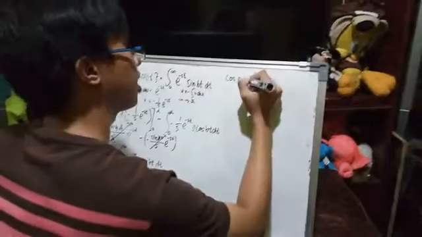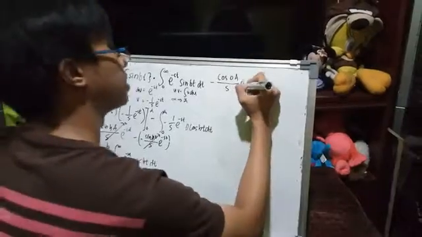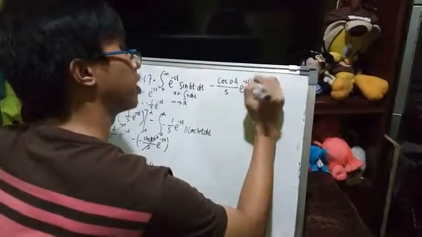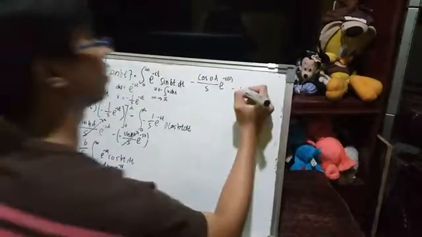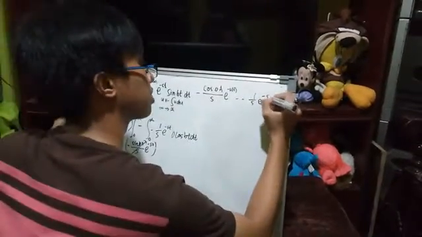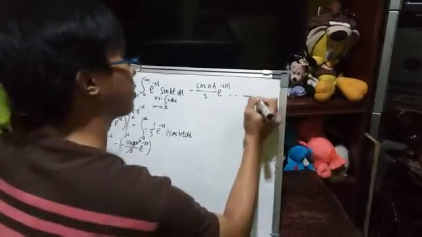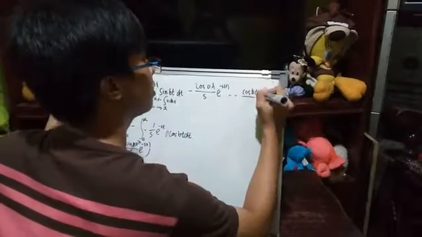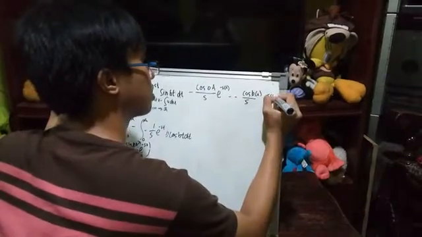It will become cosine b times a over negative s times e raised to negative sa, minus 1 over s times cosine b times 0 times e raised to negative s times 0.